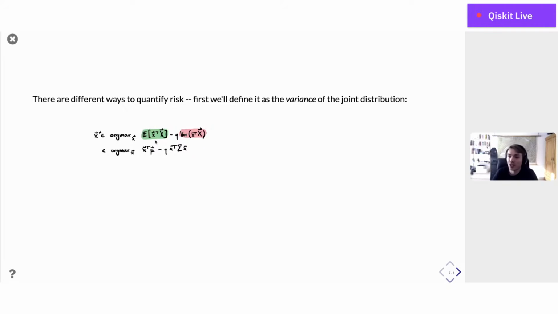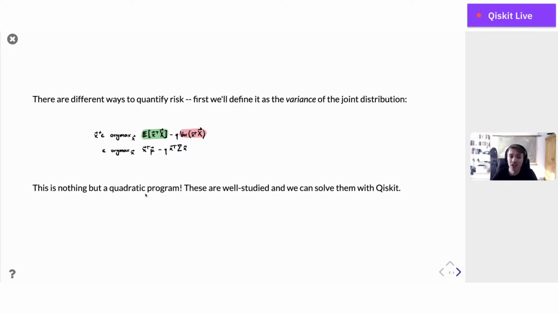If we now assume a normal distribution, then we can write the return as the expected value of the vector that is our assets times the probability distribution, minus the variance of that. And if we assume a multivariate normal distribution, then we can rewrite this as a multiplication of the vector x, which is our selection of assets, times the vector of means, minus x transposed times sigma times x.